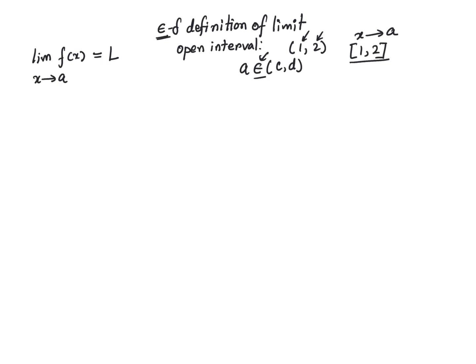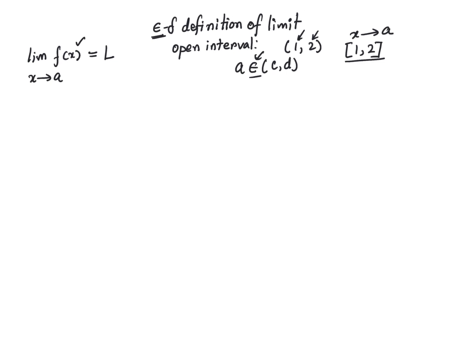So we say the limit of the function f of x as x approaches a exists, and it happens to be L, if these conditions are satisfied.